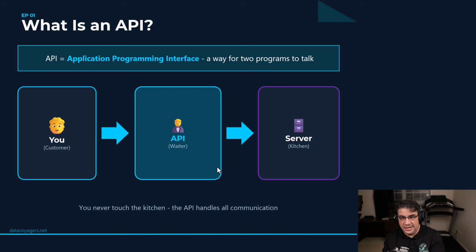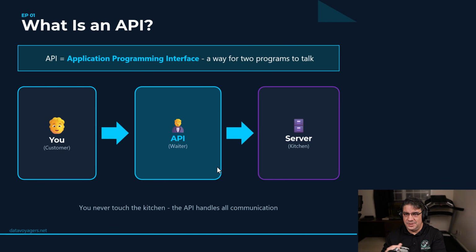So there's an analogy here. It's very common, so you see it everywhere, so I just put it here too. It's like you as a customer, you ask something in a restaurant, and the API would be the waiter. It gets your ask, goes to the kitchen and submits your request, and then delivers something.